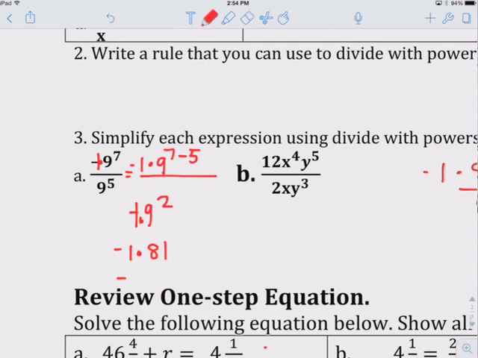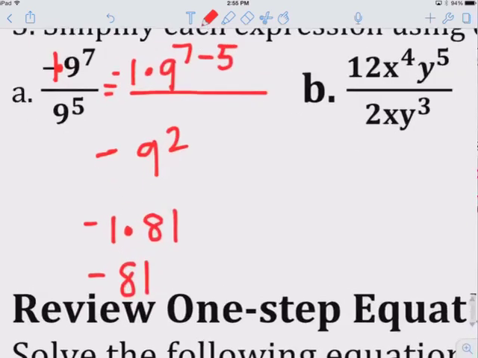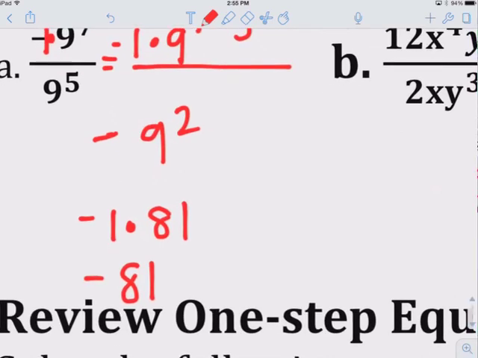Somewhat. The reason why you care about the 1 is this. Some students make a mistake. If you put negative 9 squared, some students will make that a positive 81, because they think it's a negative 9 times a negative 9.